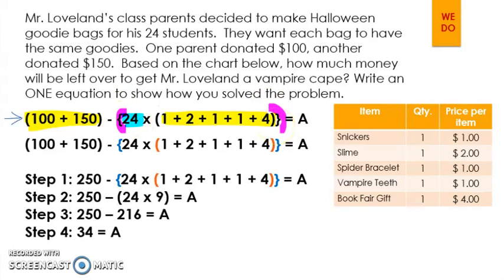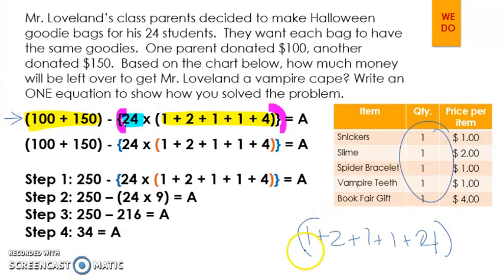I'll do an example down here. First, I would add up all of this information. 1 plus 1 plus, and I put all that together, and I know I need to multiply it by whatever the number is by 24.